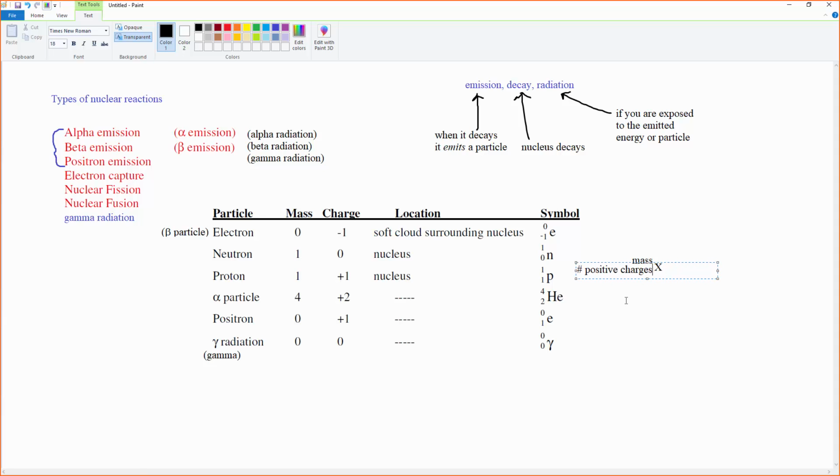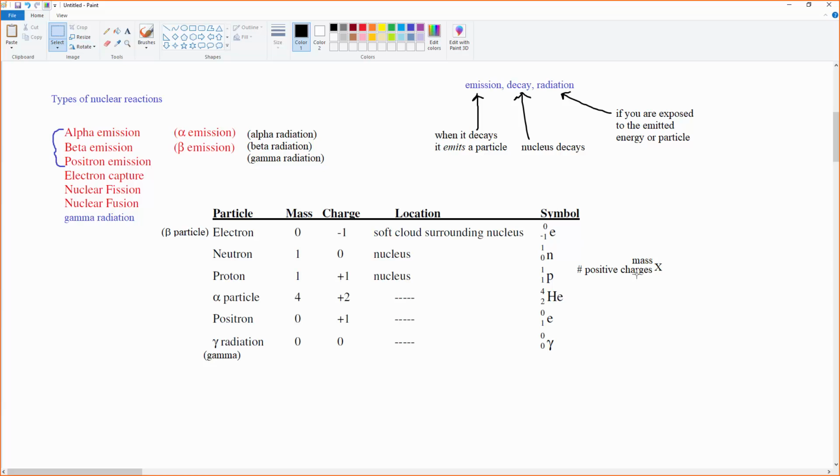Okay, so the mass on top, positive charges on the bottom. That's what each of these symbols is referring to. So this 0, -1 is telling us that the mass is 0. Now that's not exactly 0, it's just rounded off to 0 as compared to these other masses. It has a -1 charge, and the symbol is e for electron.